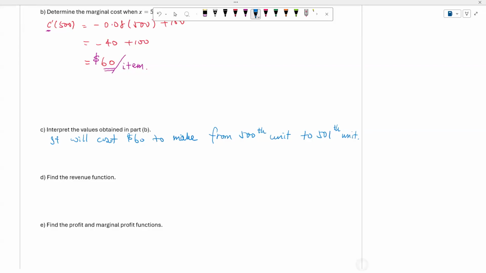That means when you want to make the 501st unit from 500 units, it will cost you $60 to make that 1 unit.